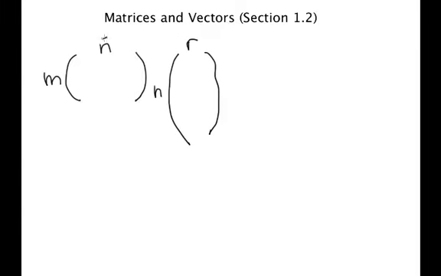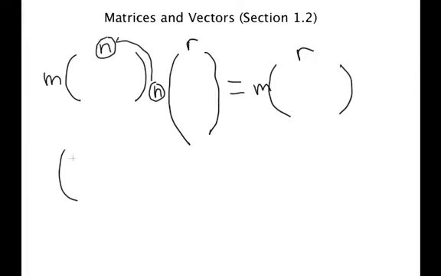You need to have that this n is equal to this n, and you sort of think of those as canceling, and the answer is an m by r matrix. So let's do an example.